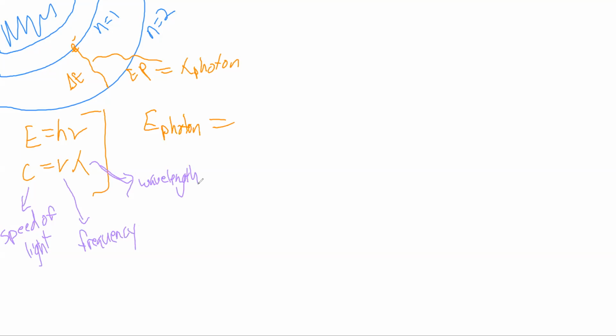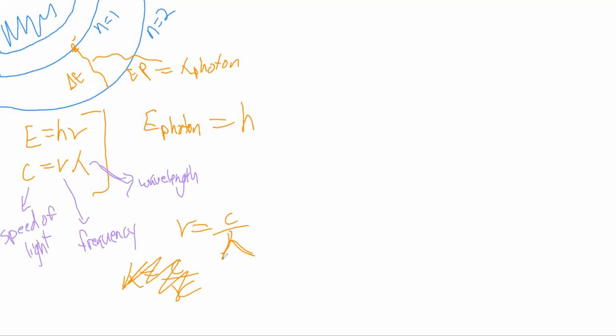So we can solve for our wavelength as being the speed of light divided by our frequency. We can plug that in where we get h. Oh, sorry, we're not trying to solve for our wavelength, we're trying to solve for our frequency.